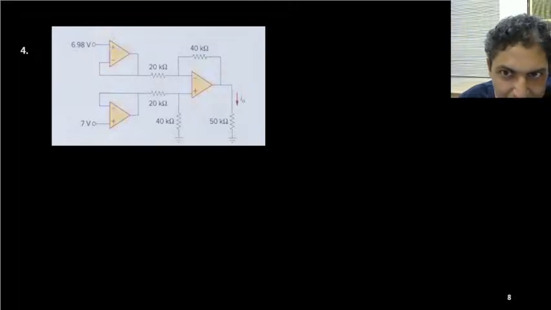Now this is the next problem. The fourth problem. Can you solve it quickly? It is also a very simple problem.